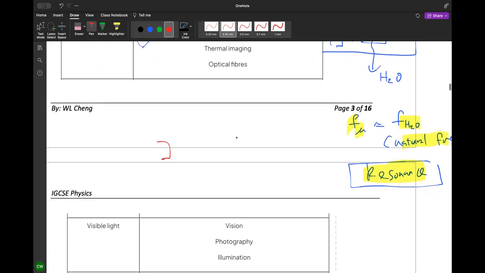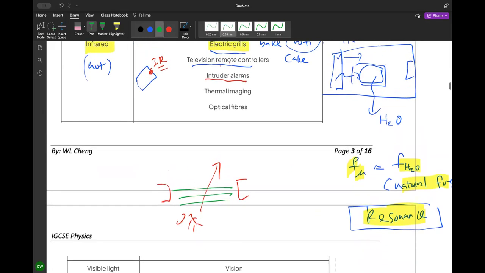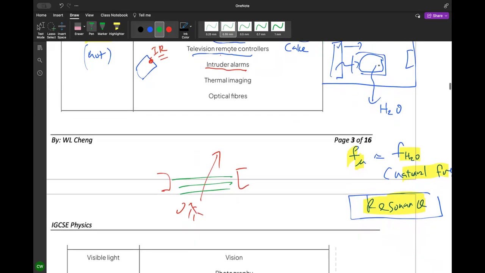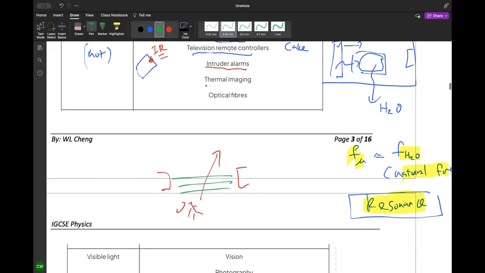That means at night, if let's say a thief comes, when they cross, what will happen? Trigger the alarm. The alarm will sound, there's a thief. Okay, you trigger the alarm. So it informs you there's a thief. So alarm system.